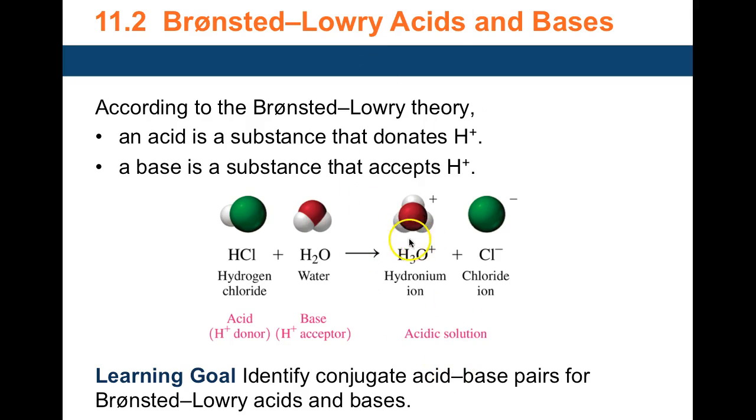All right. Now when that H plus comes and latches on to water, it latches on to the lone pair on oxygen, all right, creating what is called a hydronium ion, okay? So it's this hydronium ion that is making the water acidic. So it's the presence of hydronium ion that makes the water acidic.